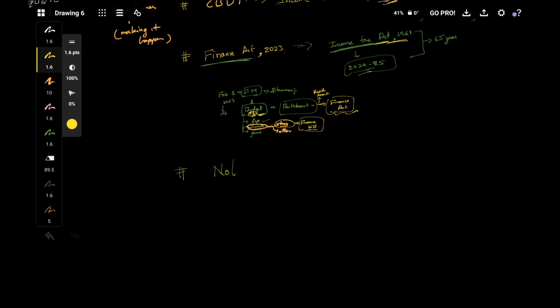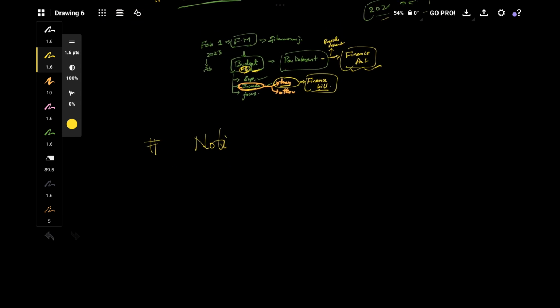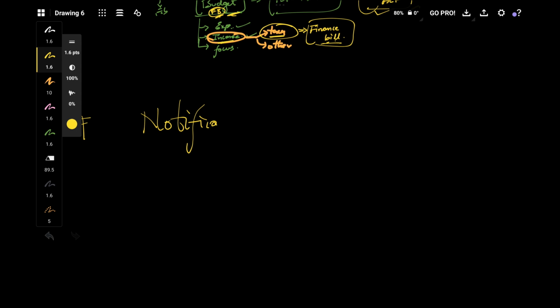What are notifications? Okay, and circulars. So circulars basically are given by CBDT, Central Board of Direct Taxes.